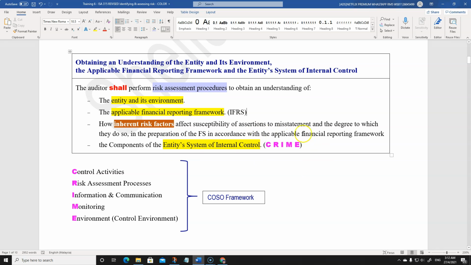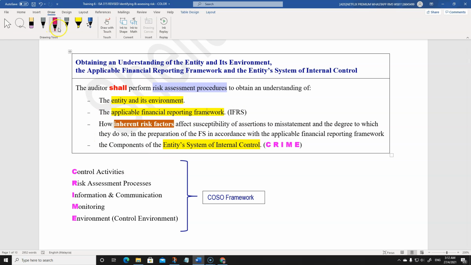All right, and there are 5 internal controls here. I've just arranged them into an acronym that I use for my AA students. All right, I'm sure you're familiar with them. So this one is still from the COSO framework. That hasn't changed. Now let's go back here to the second yellow line, the applicable financial reporting framework. So included inside here is this thing called the inherent risk factors. So they are sort of linked inside there.